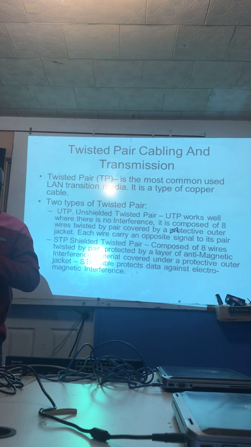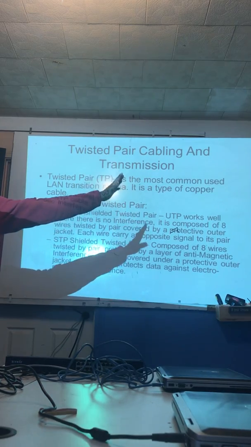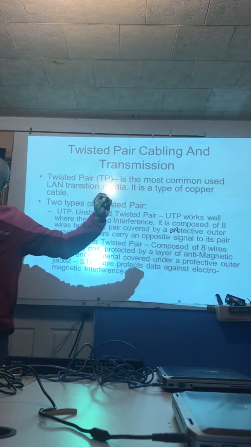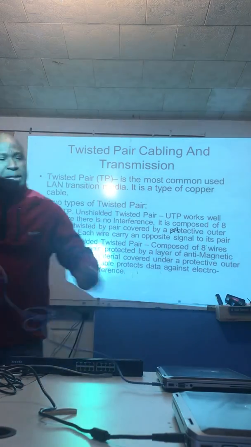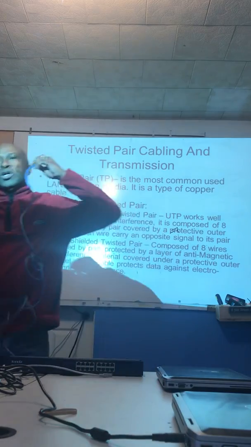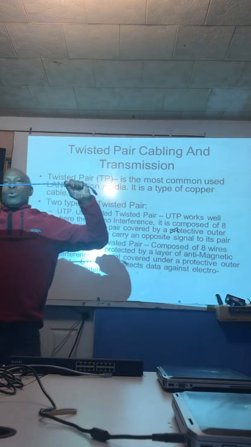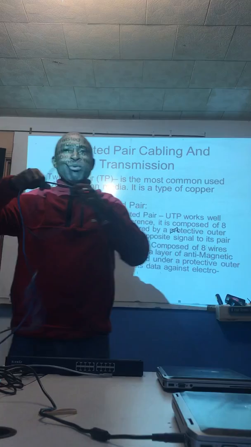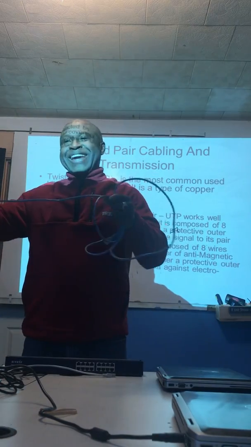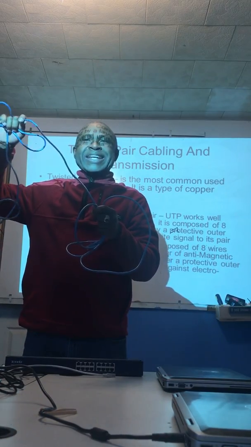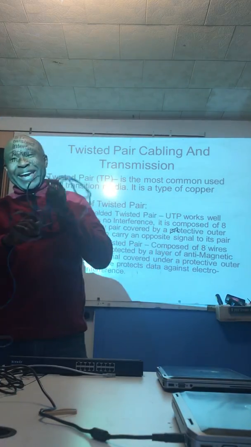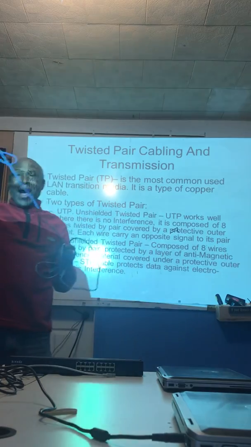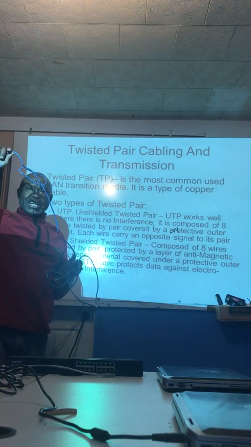So we talk a lot about twisted pair cable. Now we're going to explain a little bit about twisted pair cable. This cable here is a twisted pair cable. What that means is, inside that cable, we have 8 wires, and the wires are twisted in pairs, which gives you 4 pairs of wires inside that cable.